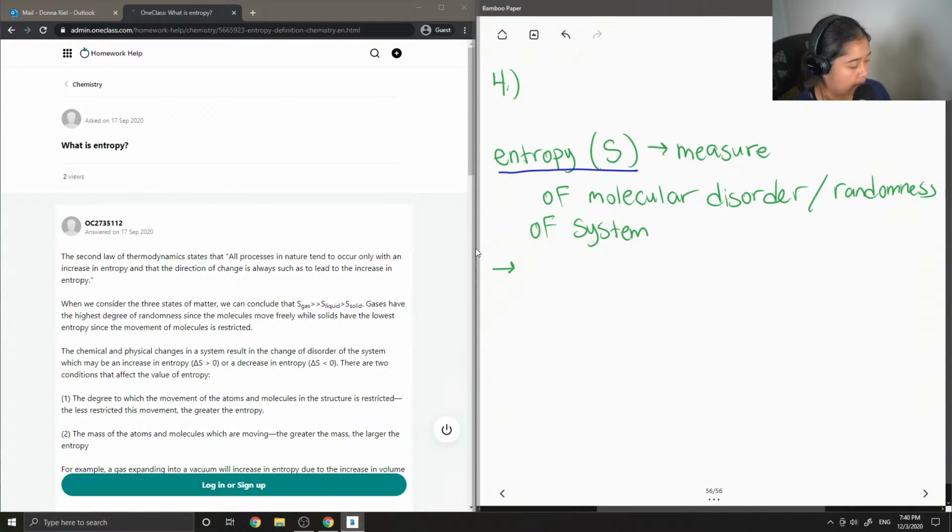Okay, so I'll just add some other little points about entropy. If you had the entropy of a molecule, when you have larger and more complex molecules, they tend to have a greater or higher molecular entropy.